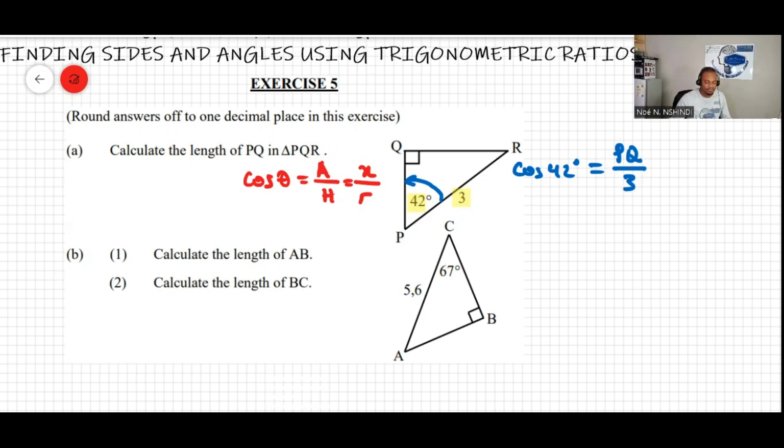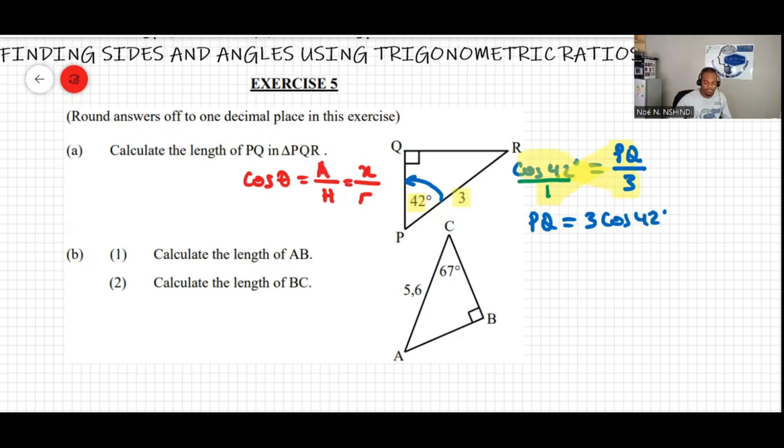Understand that there is an invisible denominator over here. We can solve this by cross multiplication: 1 times PQ and cos 42 degrees times 3. So PQ will be equal to, the constant must come before the ratio, 3 cos of 42 degrees.